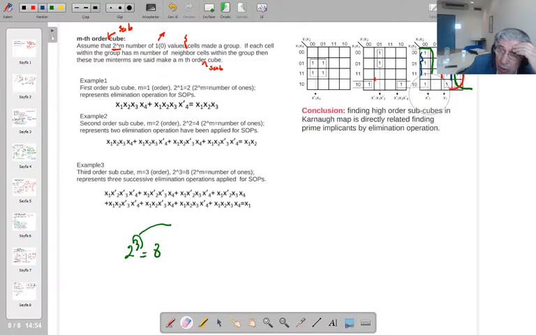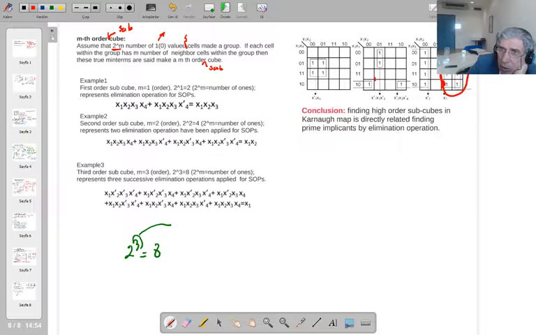So I am going to explain it for the red one here. So I am saying these 8 ones make a third order subcube. How I am going to prove it is easy. Consider this one is neighbor to this one 1, neighbor to this one 2, neighbor to this one 3, isn't it? This one and this one.